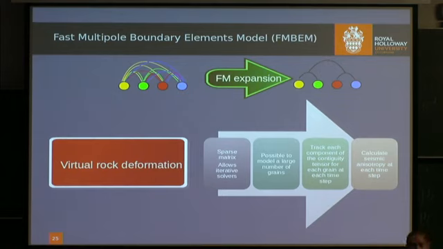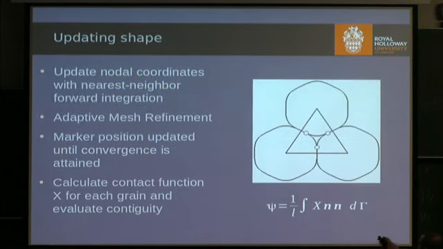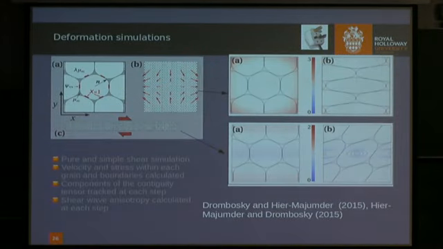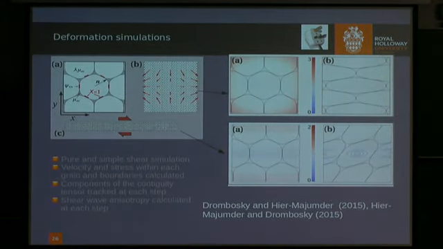When we first did this work, the first pictures I was showing had 3 grains. When Tyler finished his PhD, these are the 2 papers we published last year, and this was a pure shear simulation of 1200 grains and a simple shear simulation of 900 grains, and we were able to calculate velocity, pressure, shape, and contiguity of each of those.